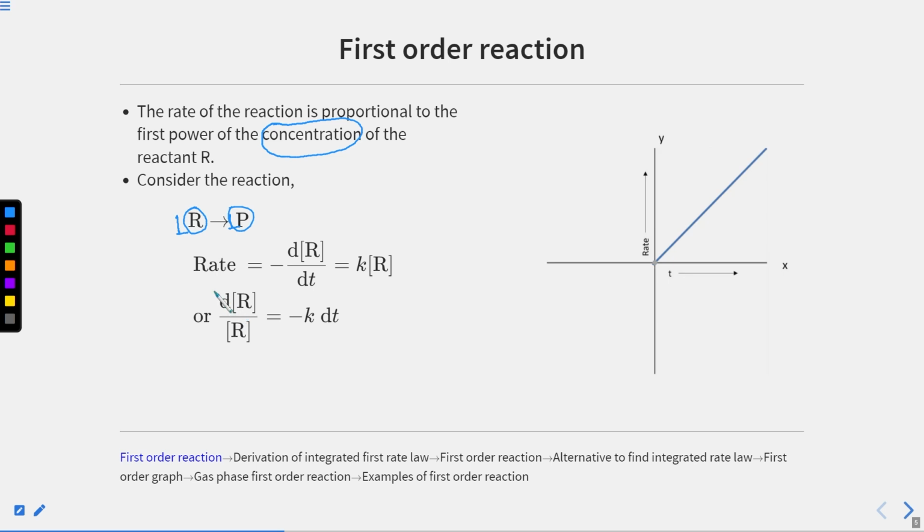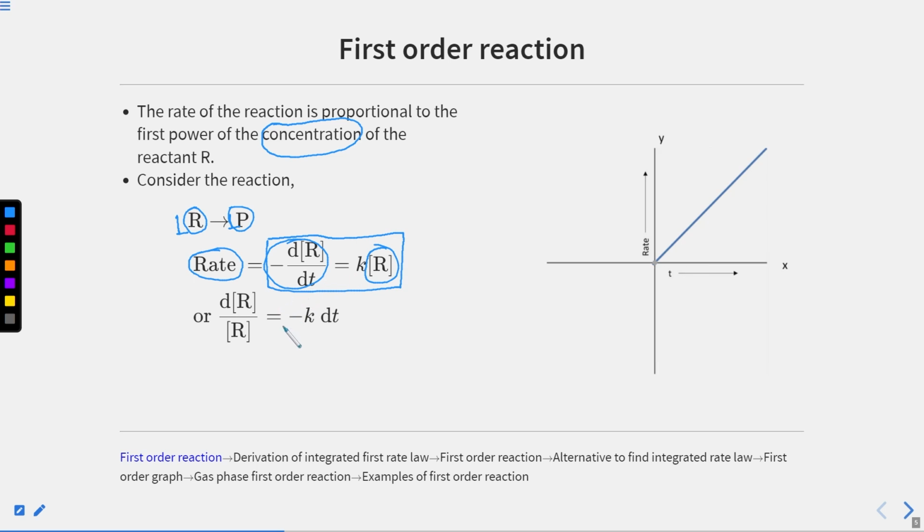Then we can write rate equals minus d[R] by dt equals k[R]. This is the differential rate form for the first order reaction, where the rate equals k, the rate constant, times the concentration of reactant raised to the power 1. Nothing is written here, which means it is 1.